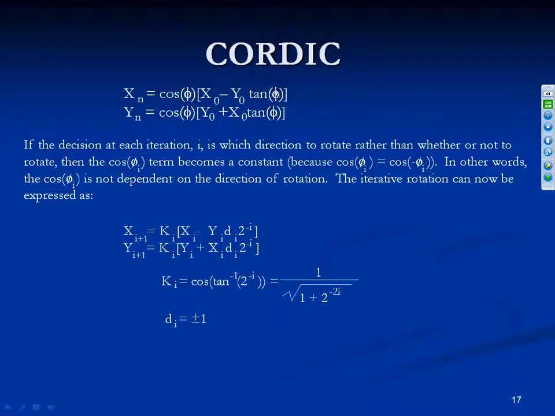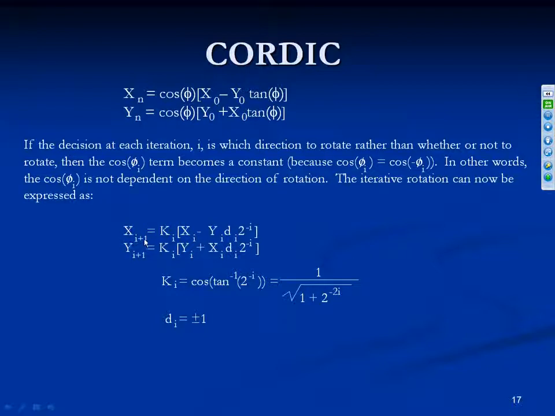So now we have these tangent of phi values are basically plus or minus 2 to the minus I. So if the decision at each iteration I is which direction to rotate rather than whether or not to rotate, then the cosine of phi of I term becomes a constant because the cosine of I is equal to cosine of minus I. In other words, the cosine of phi sub I is not dependent on the direction of rotation. That's this term here. So the iterative rotation can now be expressed in this form.